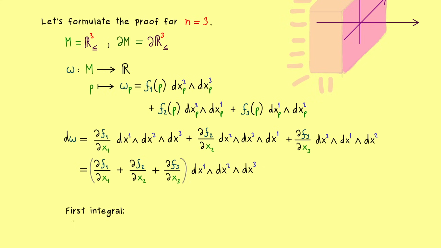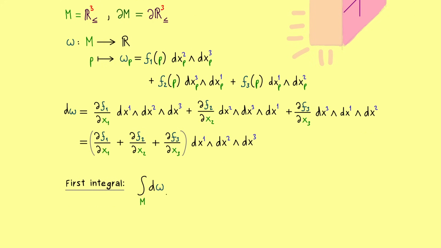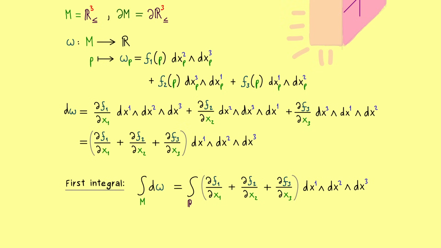Which means the first integral in Stokes' theorem can be calculated by splitting up this component function. This means the integral of d omega can be written as n integrals, so in our case as 3 integrals. And moreover, we can easily translate it to an ordinary volume integral in R3.